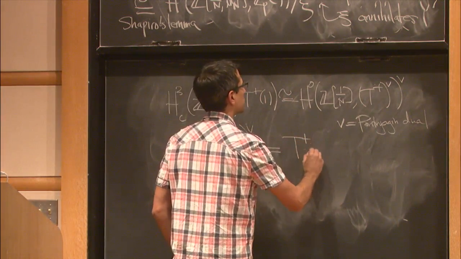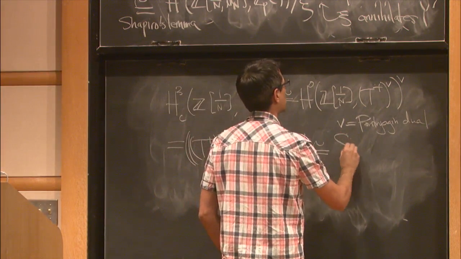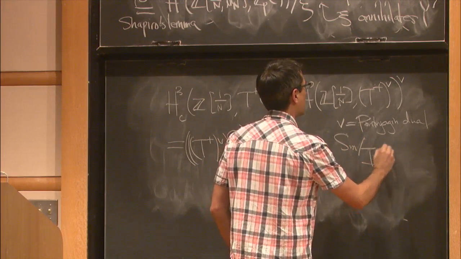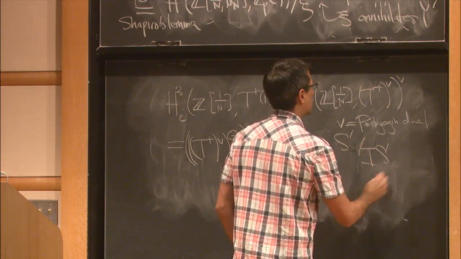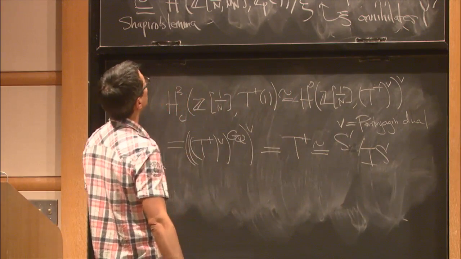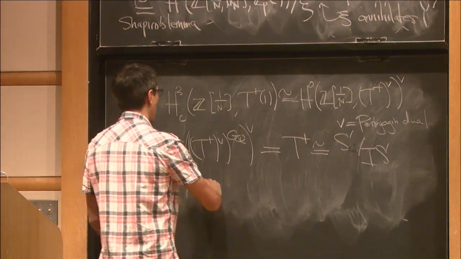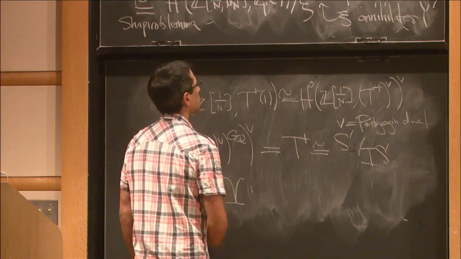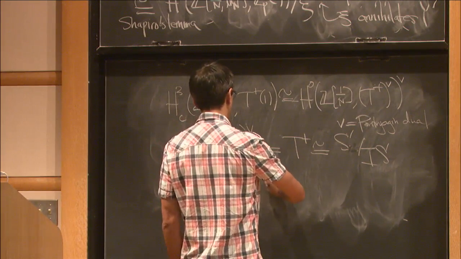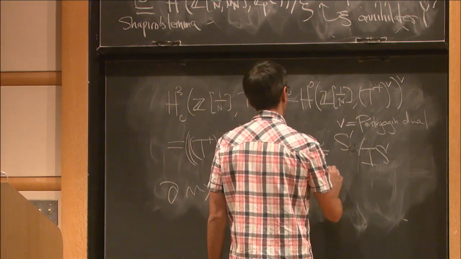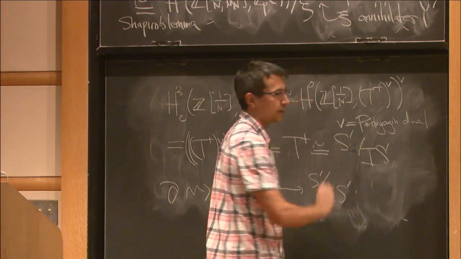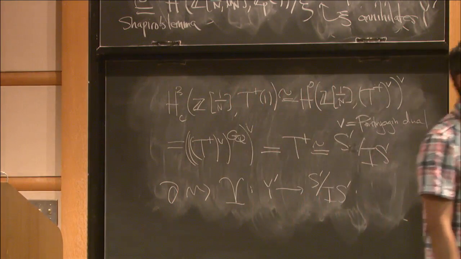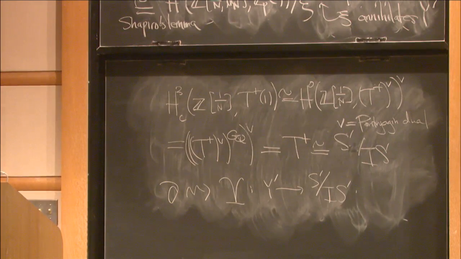So it's just T plus, which was, again by the theorem, S mod I, or S prime mod I, S prime if you like. So therefore, this boundary gives us a map, which I could call epsilon, from Y prime to S prime mod I S prime. And this map epsilon is the same map epsilon that I constructed before, without going up any tower.